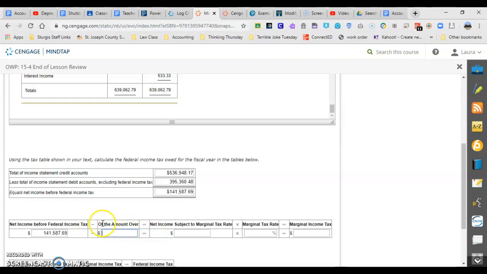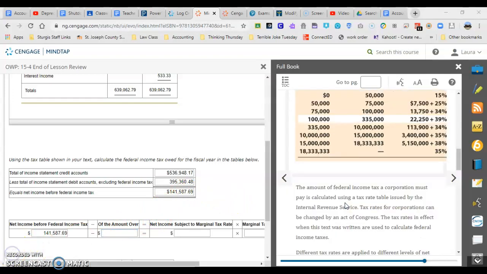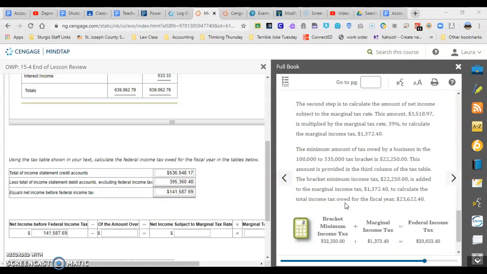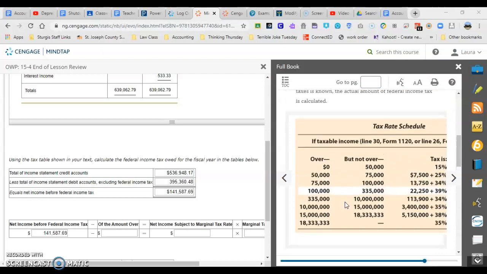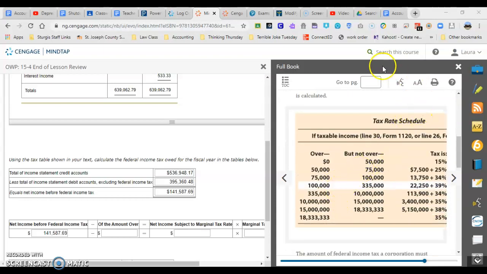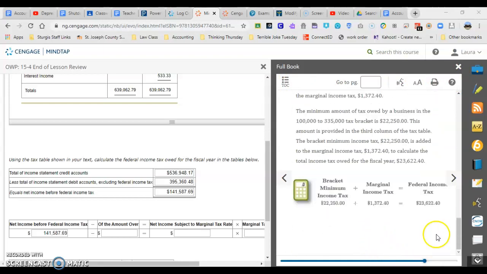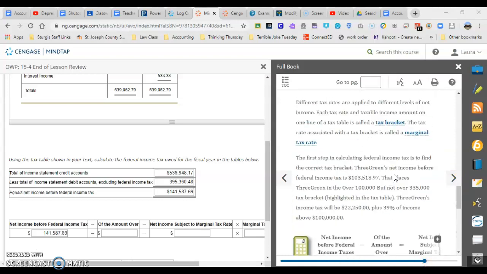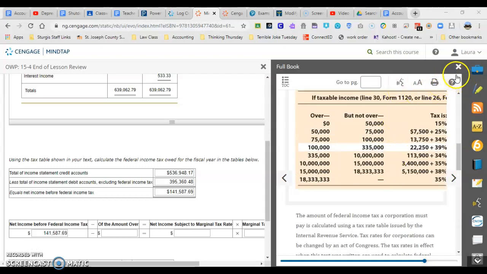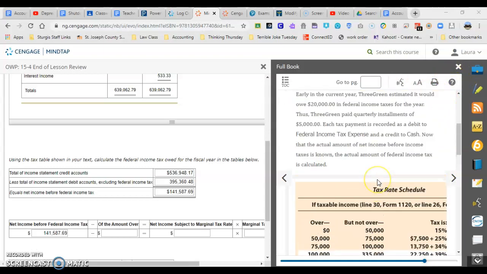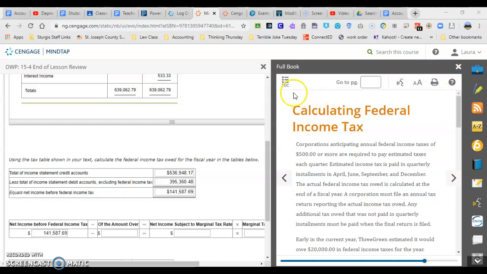Okay, so net income minus the amount over, times the marginal tax rate. This is in chapter 15, section 4. Let's see if I can tell you what page it is here. Well, this is our tax bracket table, under 15 for calculating federal income tax.